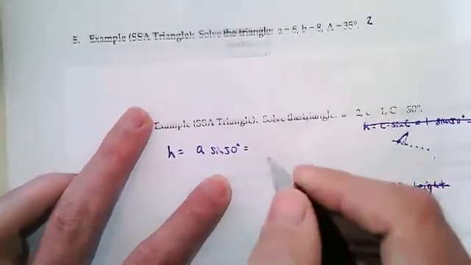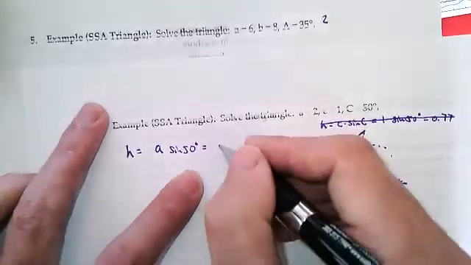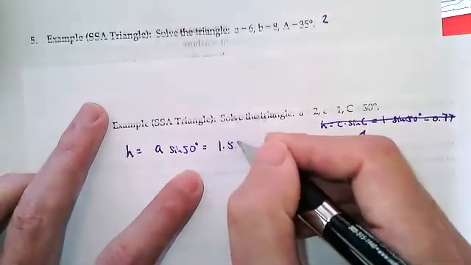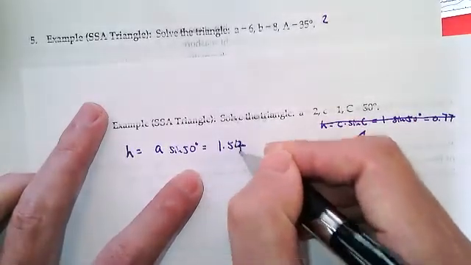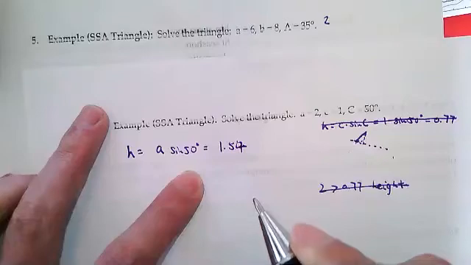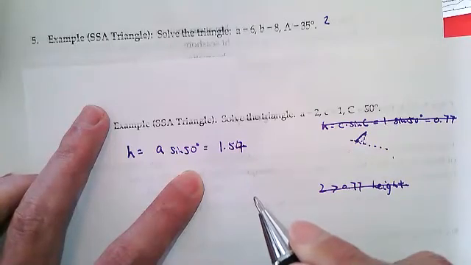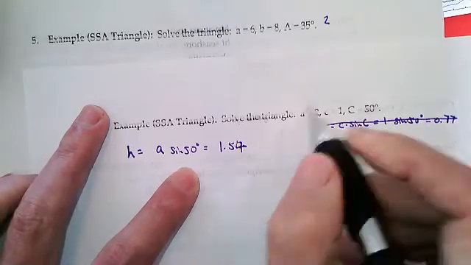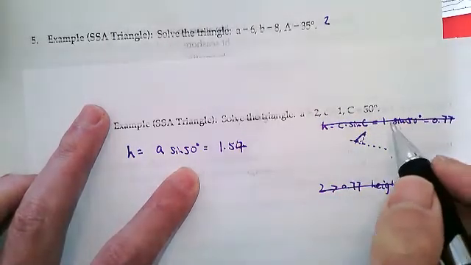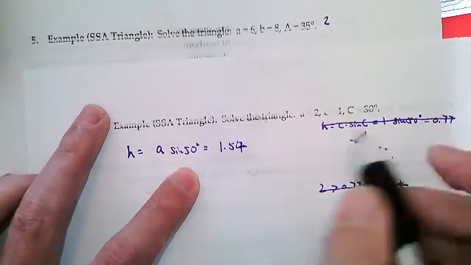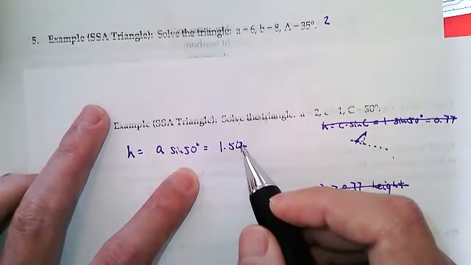Well, can anyone tell me what 2 times sine 50 is? I think it's 1.54, right? Is that correct? 1 times sine 50 is 0.77. So 2 times sine 50 is 1.54.